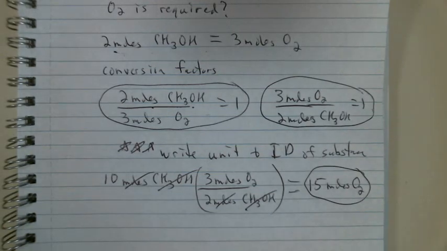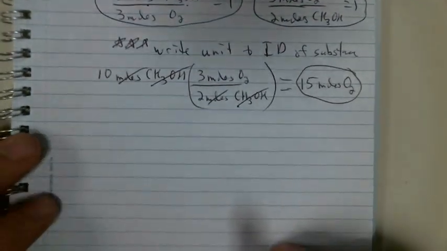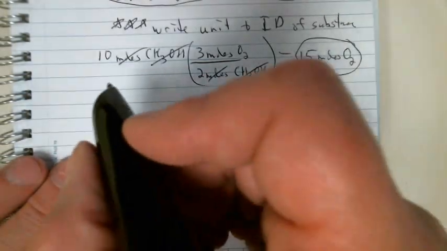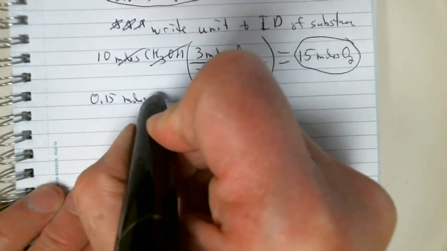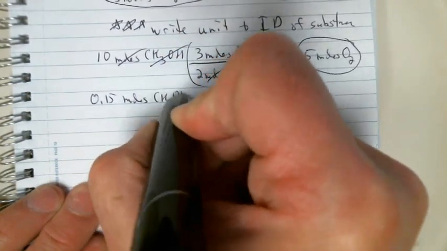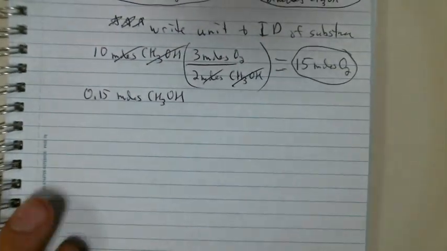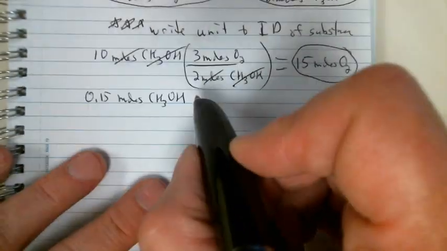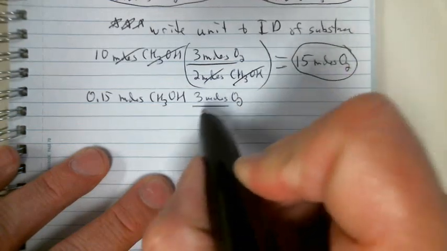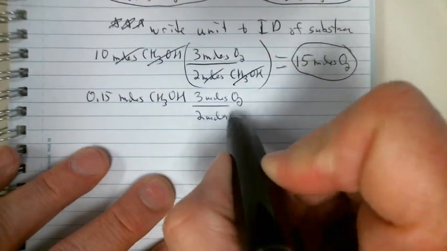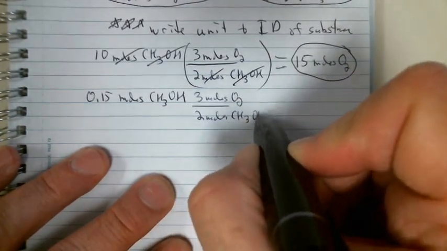All right. So what about if we had, instead of that, 0.15 moles of CH3OH? Well, it's the same process, right? 3 moles of O2 and 2 moles of CH3OH.